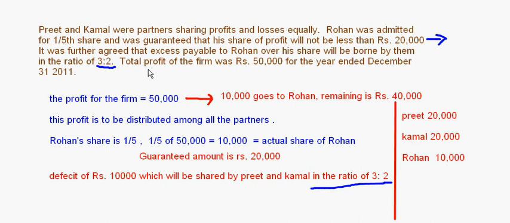So basically what you have to do here is, the first thing that we do is the profit for the firm we take up, and whatever is the share that is given, according to that we calculate the profit for Rohan and then calculate the deficit.